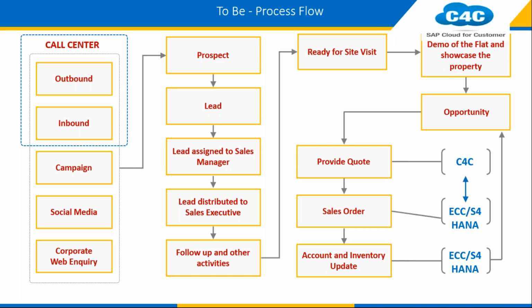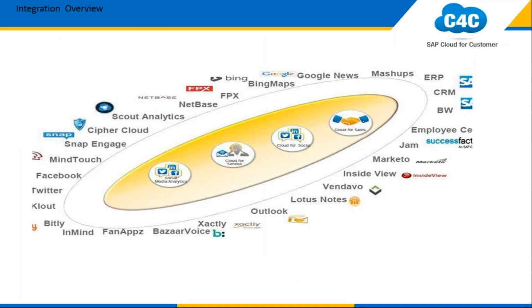Now here is an integration overview. C4C has standard integration with all those features. You can see it's standard integrated with Bing Maps, Google News, mashups. There's one feature in CRM called a transaction launcher, where you can launch a transaction. In C4C you call it a mashup, an advanced feature of the transaction launcher.